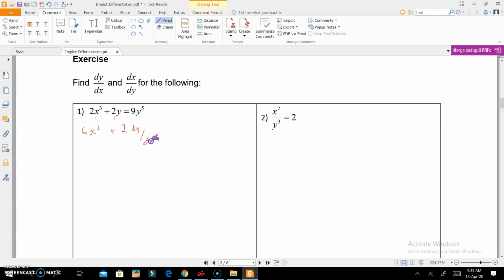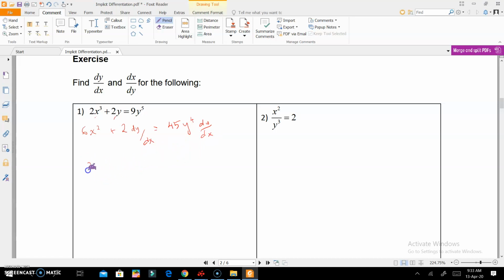Equals 45y to the power of 4. Since we deal with y, you need to put dy dx. Make sure the dy dx will be on the left side.